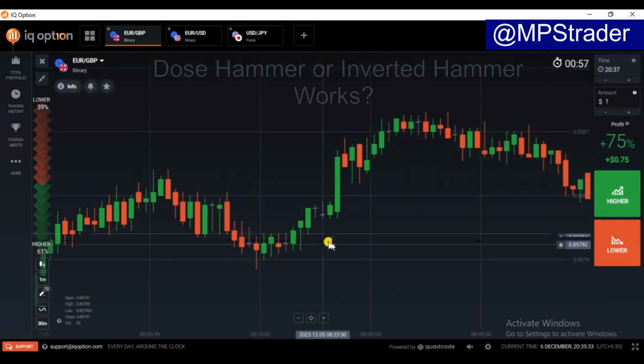So as you can see, I've given some examples where the market reversed, where it did not reverse, and sometimes it continued. So this is the point where you have to find whether it really works as the book says or not.